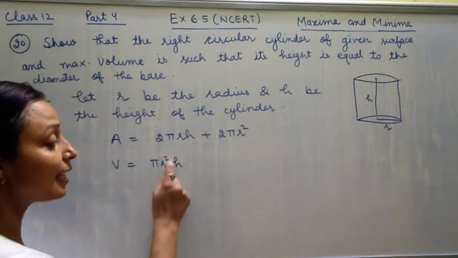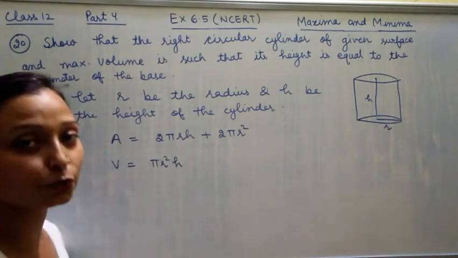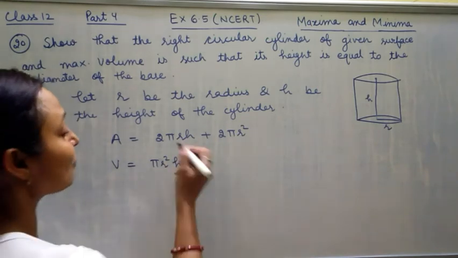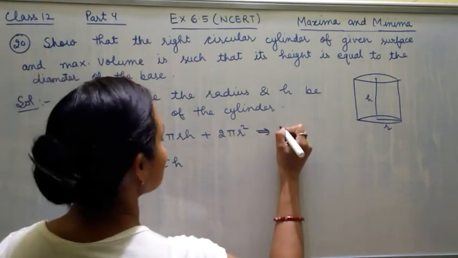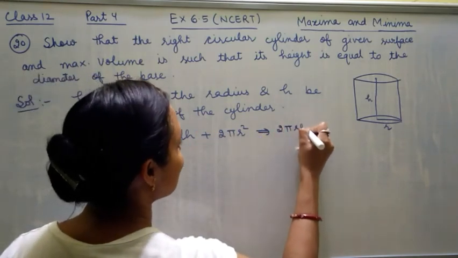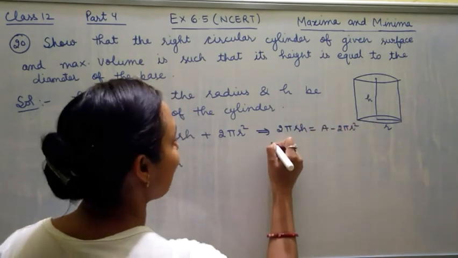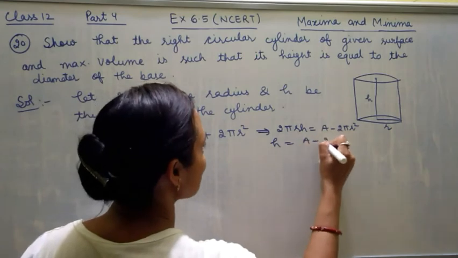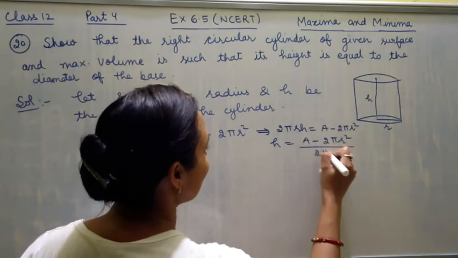But I will change h in the form of r. So I will take the values from this. A minus 2 pi r square is equal to 2 pi r h, and h is equal to A minus 2 pi r square divided by 2 pi r.